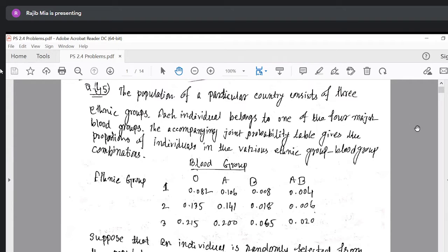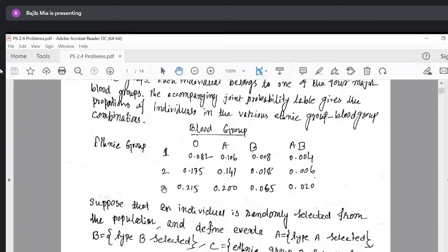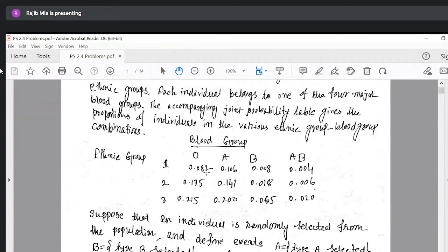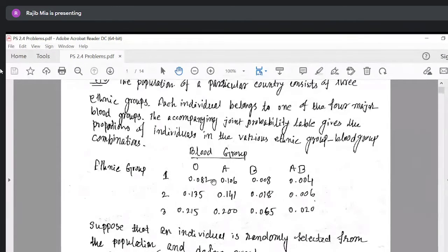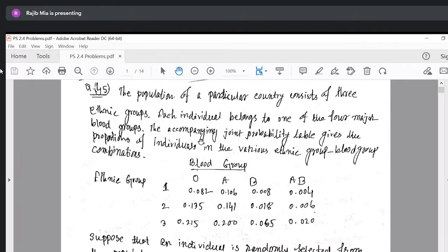In the table, group 1, 2 and 3 and O, A, B, AB, this is blood group. So these values are actually the probabilities. 0.082, 0.106, these are the probabilities. So 0.082 means the probability that an individual is from ethnic group 1 and having blood group O. The probability is 0.082, right?